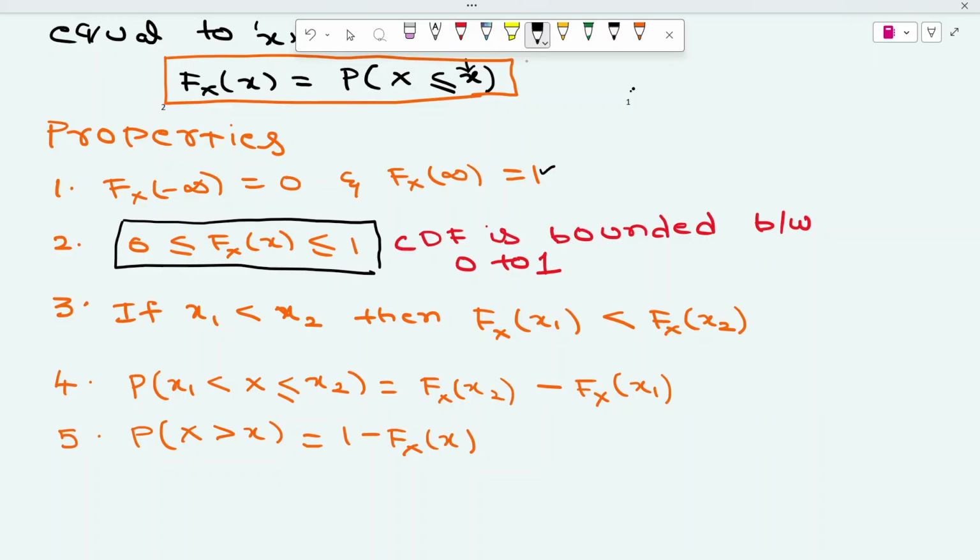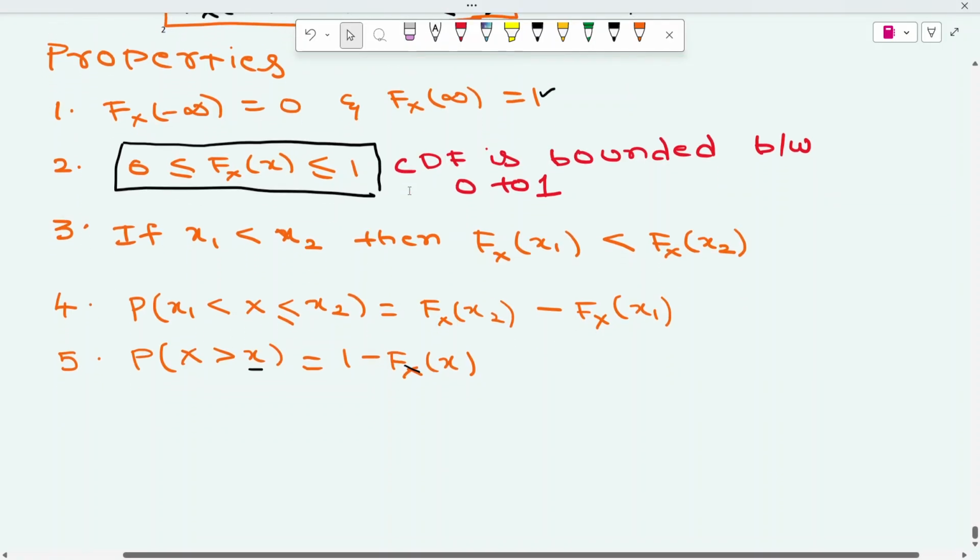And the last property, the probability of X taking values greater than small x, is given by 1 minus Fx(x). There are other properties as well, but 5 properties in the exam is sufficient with their proof. We will see the proof of each property one by one.